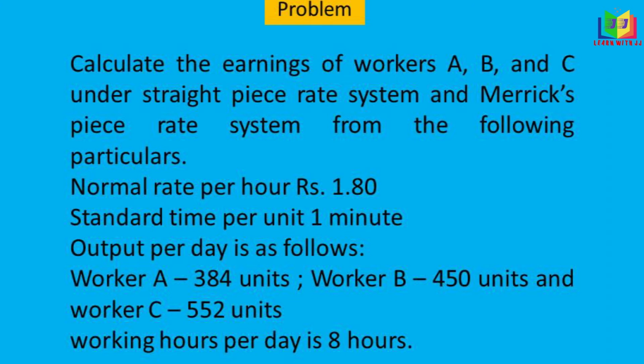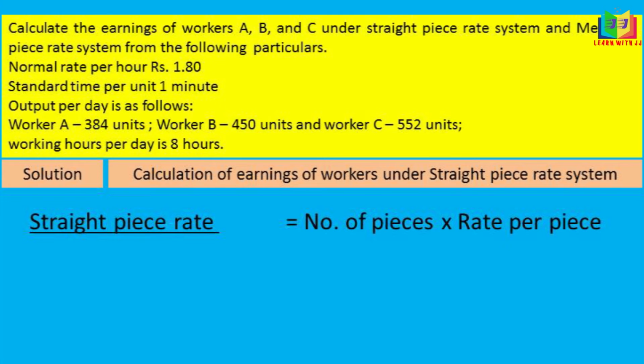Output per day is as follows: worker A produces 384 units, worker B produces 450 units, and worker C 552 units. Working hours per day is 8 hours, the normal working hours. Let's start doing the problem now. First we'll calculate earnings under straight piece rate, and the formula is number of pieces into rate per piece.